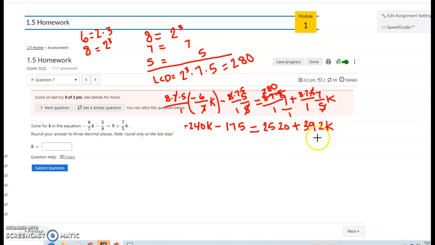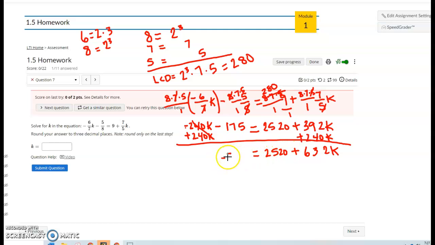Okay, so let's go ahead and solve. We want to get our k's on the same side. We've got rid of the fractions, so it's just down to business. So we're going to add 240k to each side. So we get 392 plus 240, so 632k, still plus that 2520 equals negative 175.